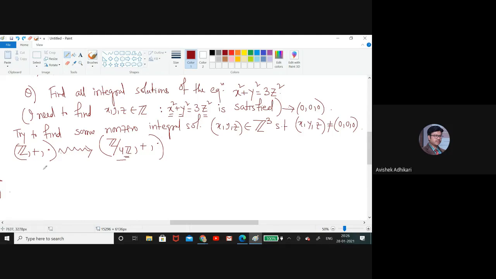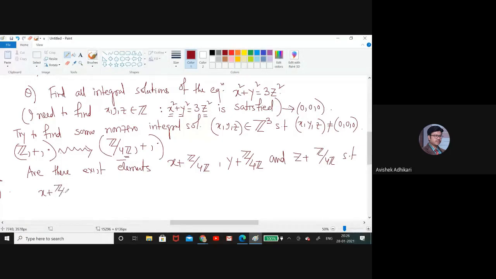Now I shift the question: are there elements x + 4Z, y + 4Z, and z + 4Z such that (x + 4Z)² + (y + 4Z)² equals (z + 4Z)²?